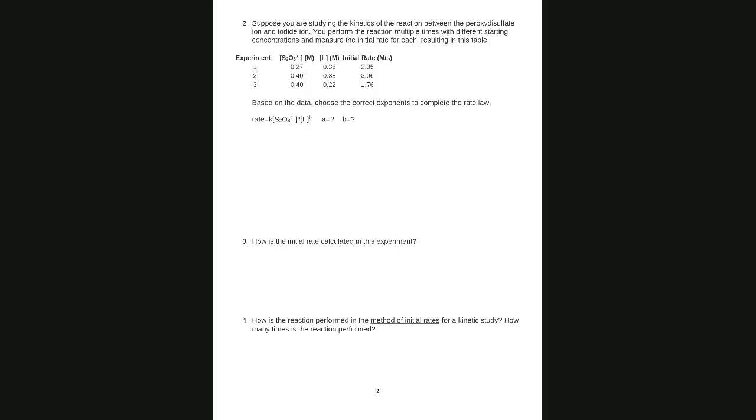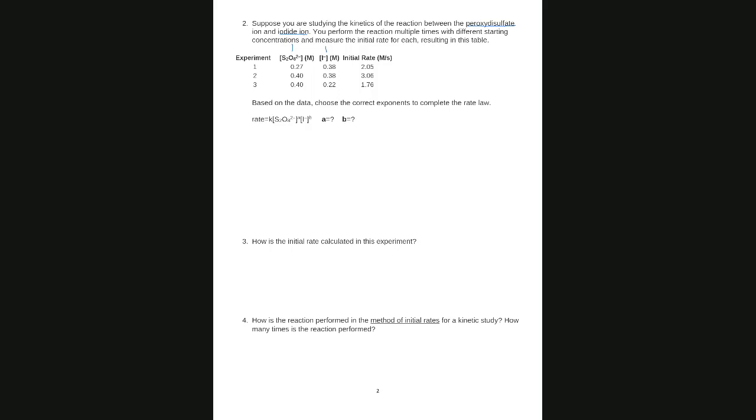Suppose you are studying the kinetics of the reaction between peroxydisulfate, which is this one, and iodide ion, which is this one. You perform the reaction multiple times. That is important.